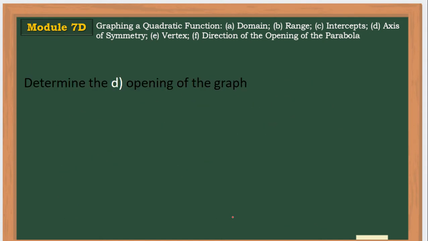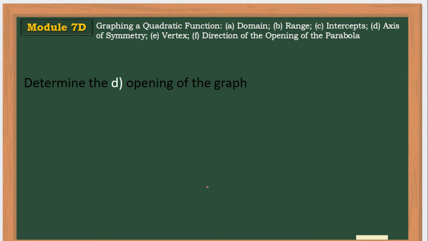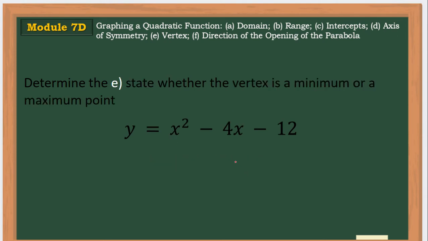Ito naman sa axis of symmetry, ito nga, yung h is equal to negative b over 2a, or yung x. So, that is 2. So, the opening of the graph, since ito ay positive, opens upward. So, identify natin kung minimum or maximum point.